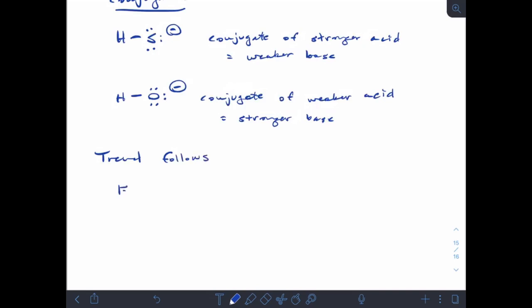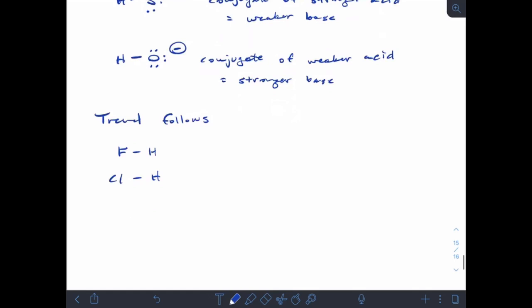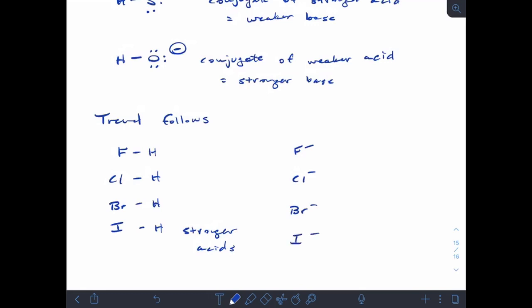If I have HF, HCl, HBr, or HI, my stronger acids will be down here, and then my conjugates, F minus, Cl minus, Br minus, and I minus, my stronger bases will be up here.